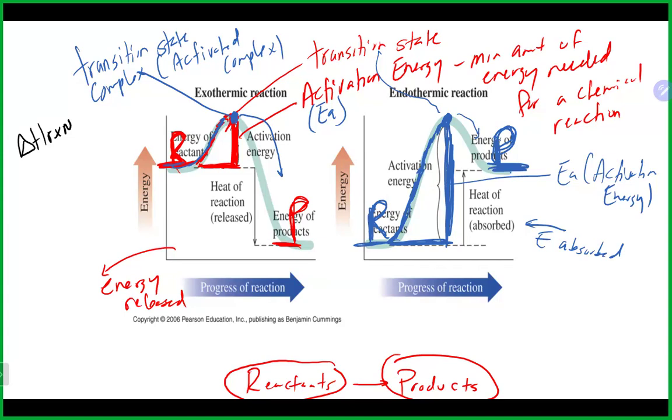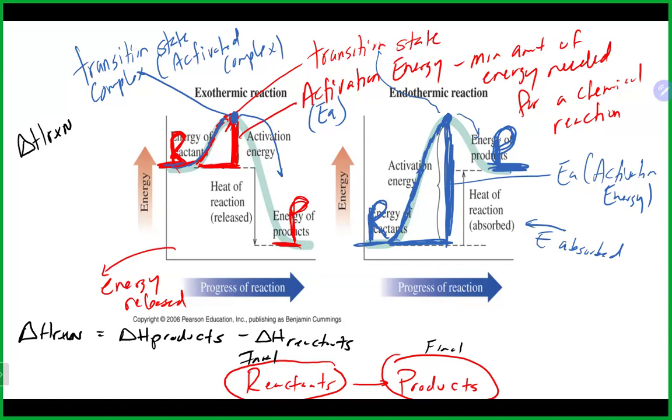One way that we calculate the delta H of a reaction is we take the delta H of all of our products and we subtract it from the delta H of all of our reactants. And when we think about our products, that's our final state minus our initial state.